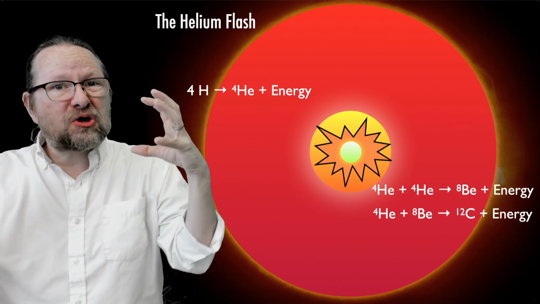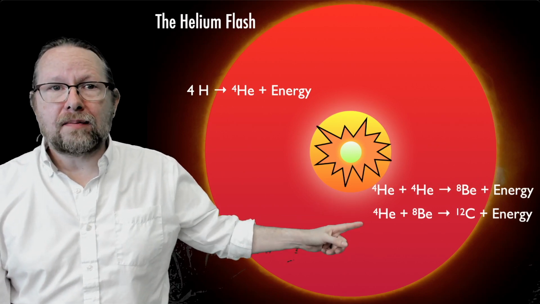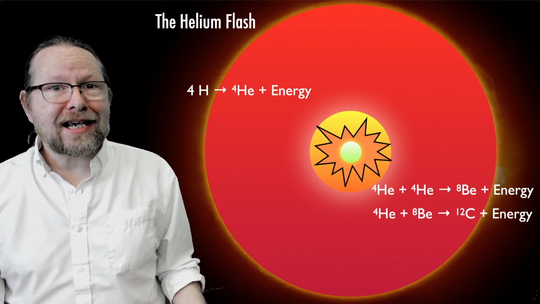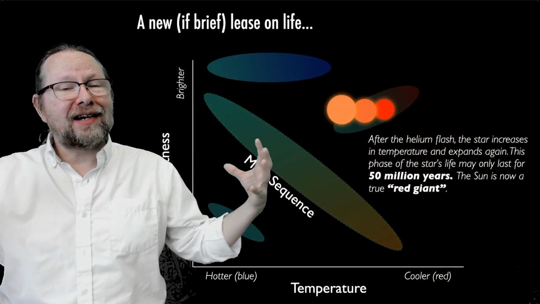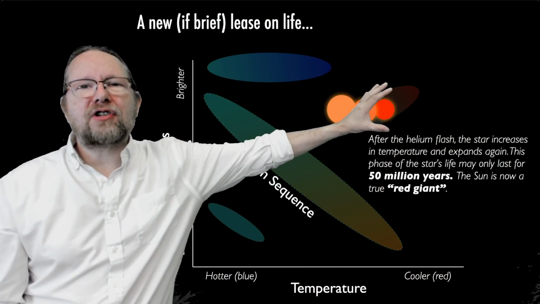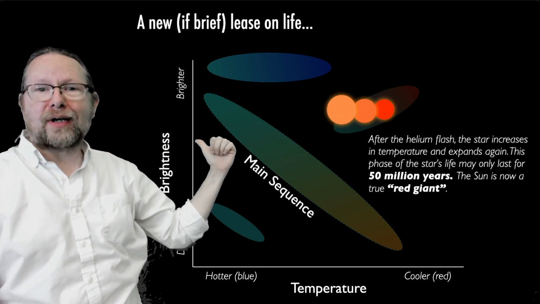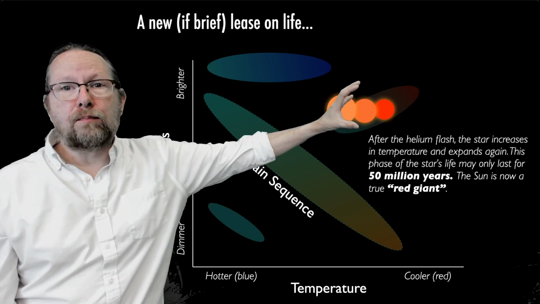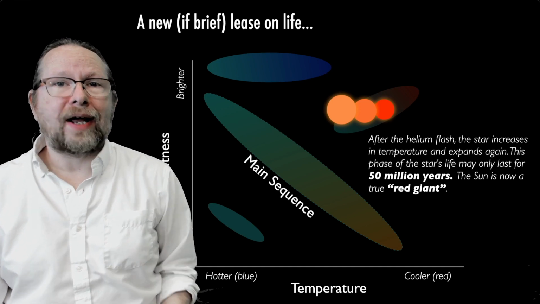The core is being squeezed hard enough to fuse helium into heavier elements, and that process gives off heat. And that heat will heat up the core, it will heat up the sun, and it will cause the sun to expand even more. So after the helium flash, the sun starts to get hotter and hotter, moving this way on the HR diagram, right, to the hot end of the axis, and bigger, turning it into an honest-to-goodness red giant.